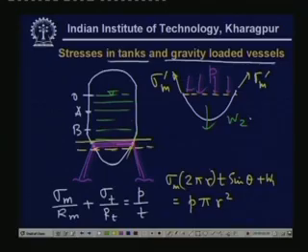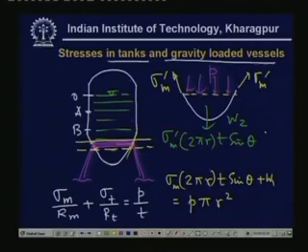So, the total equation is sigma m prime, again 2 pi r times t, and sine theta.